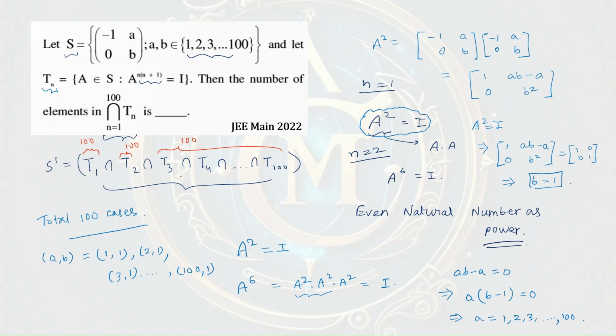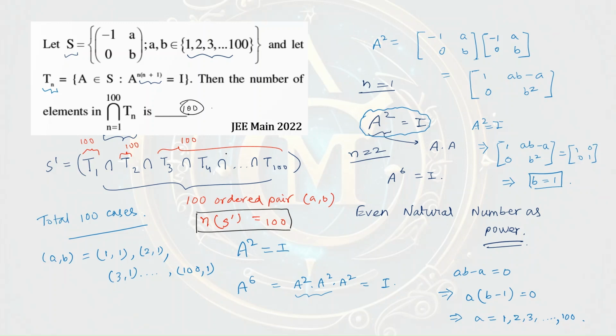That means if we take the intersection of these 100 sets, we will get the same 100 ordered pairs of A comma B. So the number of elements in this intersection set, that is the set S dash, will be equal to 100, because all the ordered pairs of A and B are the same. So our correct answer in this case will be 100.